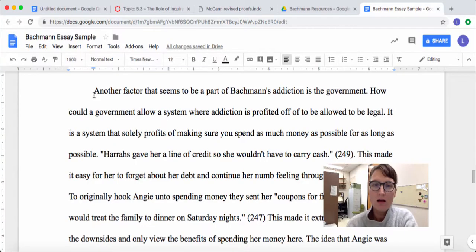And then we'll move on to a paragraph that a student wrote, and it's got some problems and some strengths. All right, so this paragraph starts off pretty strong with a very clear topic sentence.